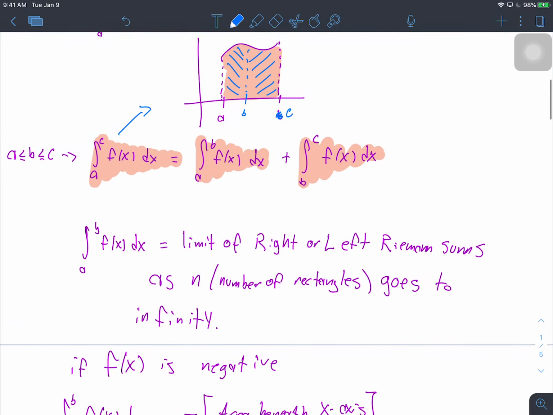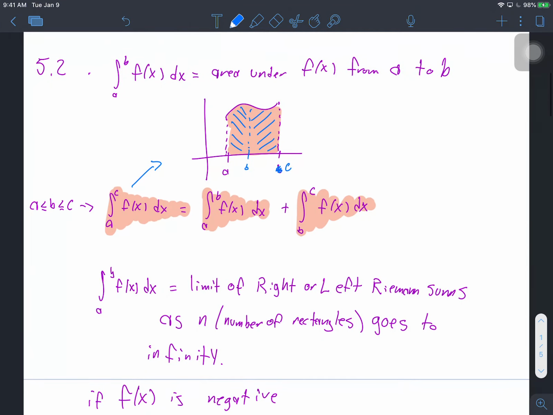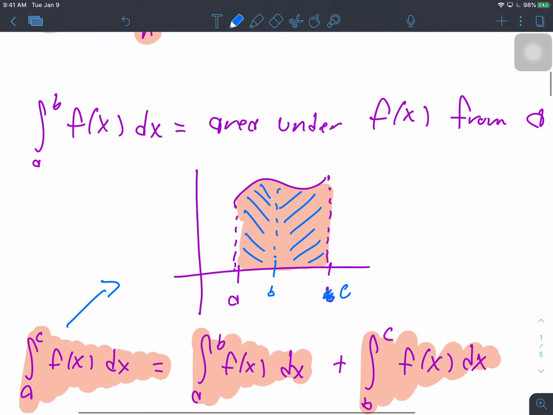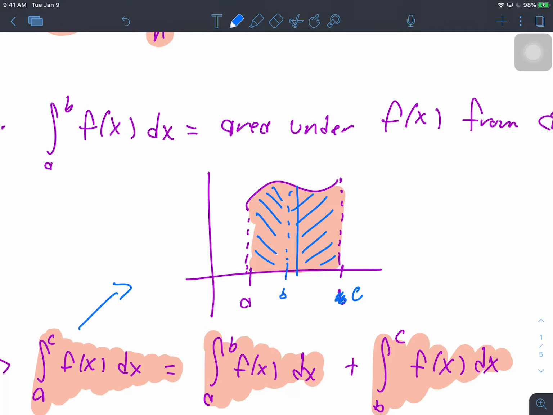And what we really said was that the real quote-unquote definition of the definite integral from a to b of f of x dx is actually going to be the limit of the right or left Riemann sums as n goes to infinity. So if we just take a look at this graph here and we approximate the area using rectangles, and we just do a better and better job by using more and more rectangles, then eventually we will have a really good estimate of our area under the curve.